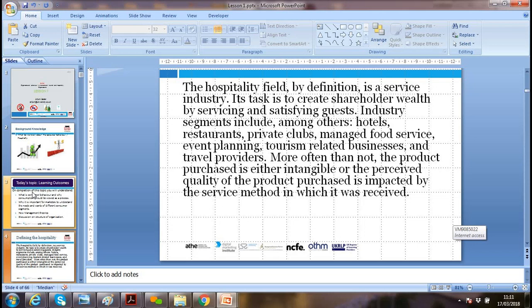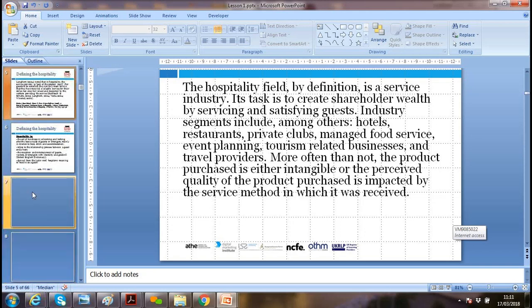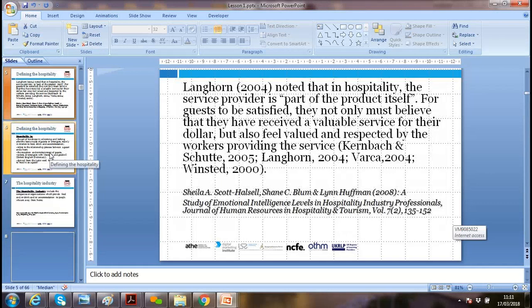More often than not, the product purchased is intangible, or the quality of the product is intangible. We can't see it, we can't have a physical substance. So service is instant, generated and consumed. So we need to be focused on the hospitality industry.